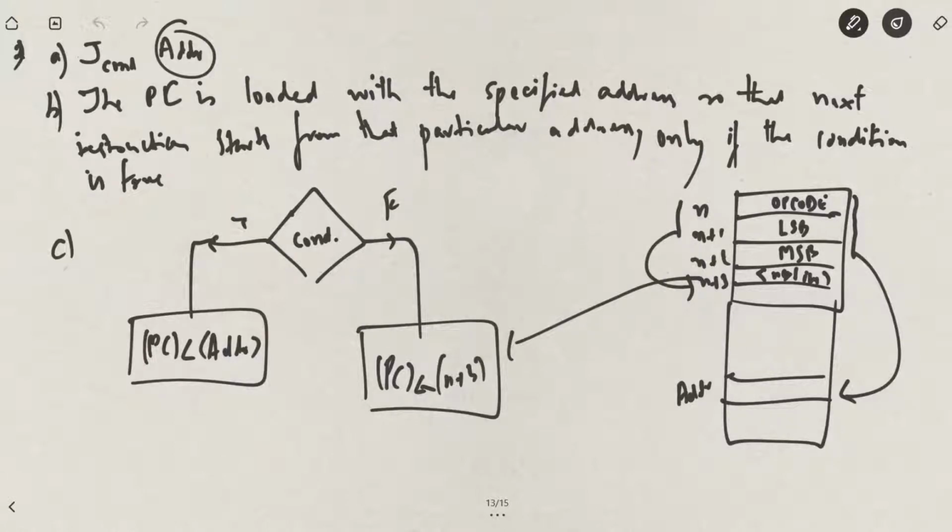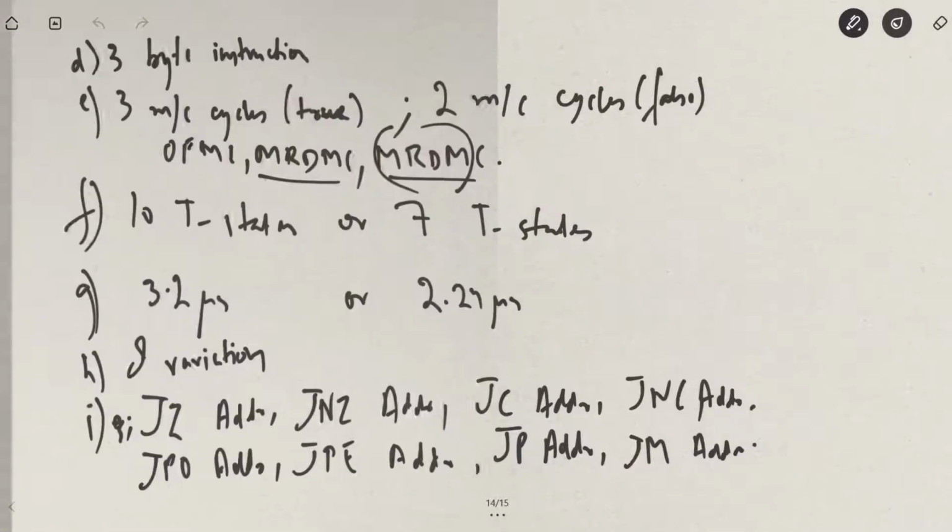When we are reading the least significant byte, the program counter was here. Then in the T2 state of the first memory read machine cycle, program counter was incremented and it will be pointing here. But we are now going to skip the second memory read machine cycle if the condition is false. We need our program counter to point here so that the next instruction can be executed. So we will increment the program counter twice.